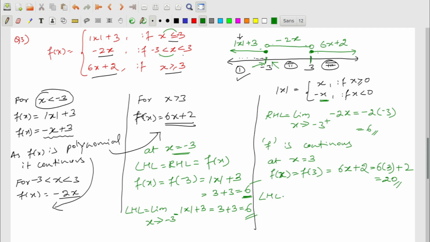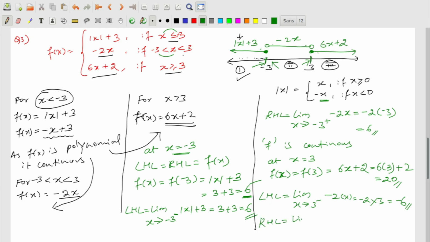And LHL, limit x tends to 3 negative. 3 negative is x is less than 3. From here, x is less than 3, minus 2x, minus 2 into x, which is 3 here, minus 6. Okay.